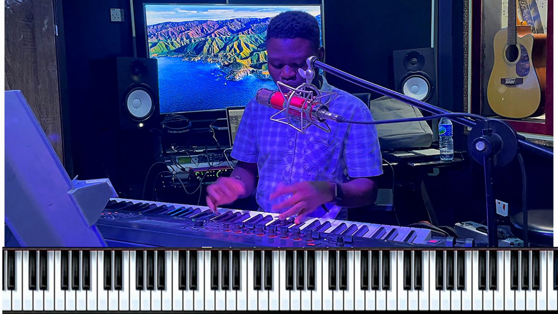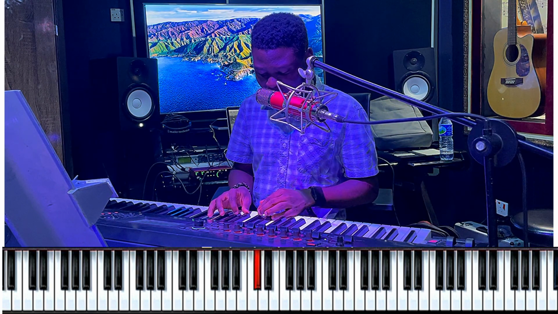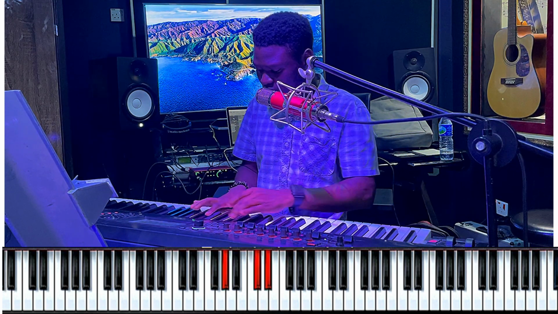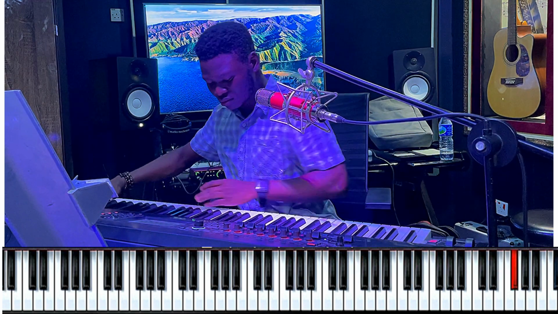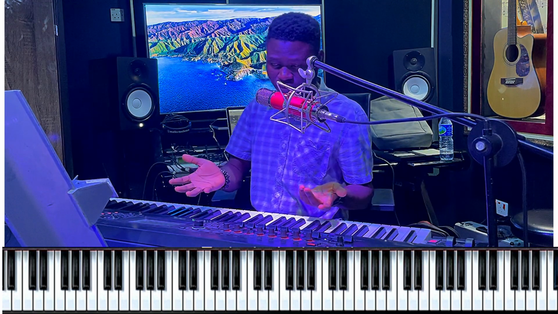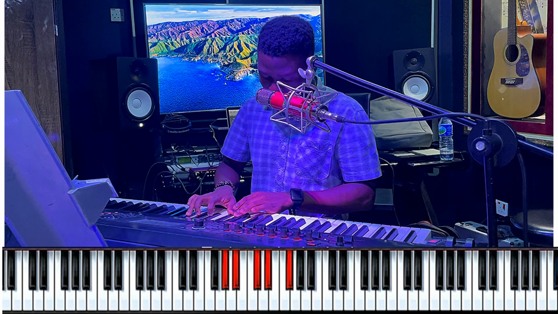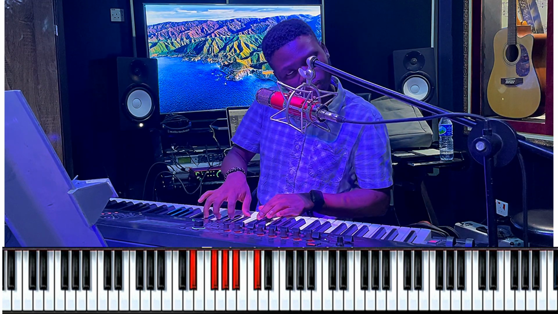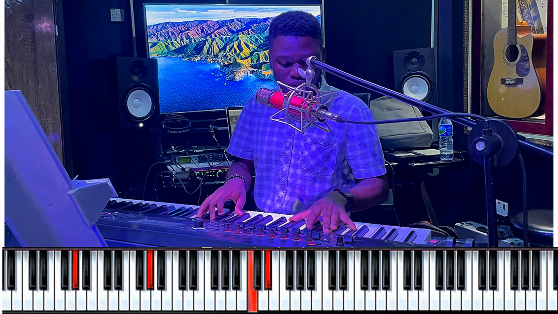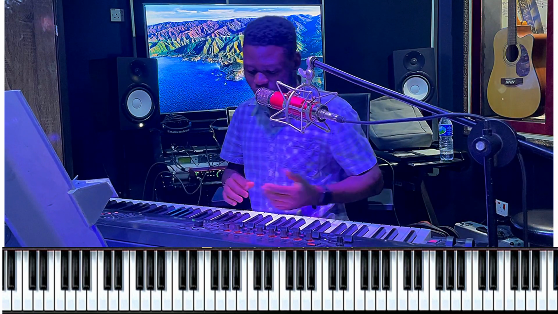This is do, which is F sharp. Pick a structure of where you want the melody to fall in. Depending on that, I can play "Nobody's Greater". You understand?